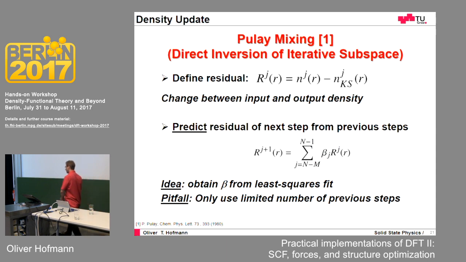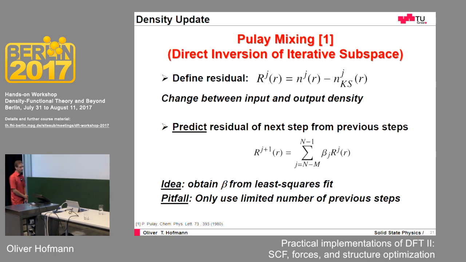There's also a different kind of mixing scheme that's called direct inversion of iterative subspace, or Pulay mixing. The idea of Pulay mixing is a little bit different. What we do in Pulay mixing is basically we calculate what's called a residual or an error vector. So we calculate again the electron density difference between the initial and the final guess.